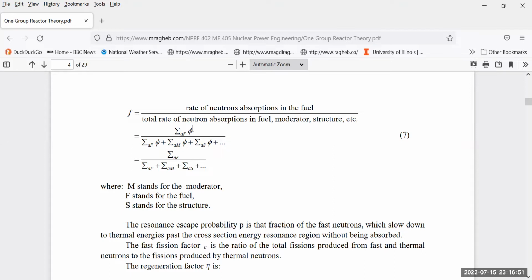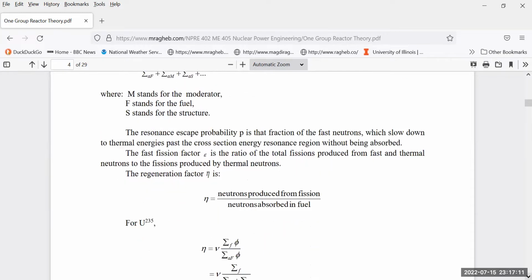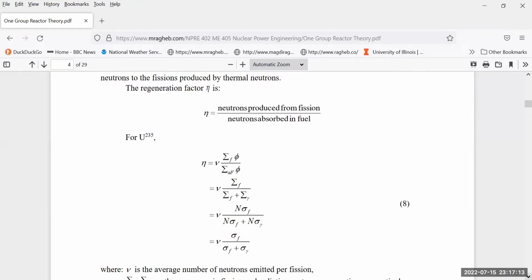For simplification, we can cancel out the flux if it's a homogeneous medium, and it becomes basically the macroscopic absorption in the fuel divided into the macroscopic absorption in the fuel, the moderator, and the structure, control rods, and everything else in the reactor. All right, so that's how we can calculate that fuel utilization factor.